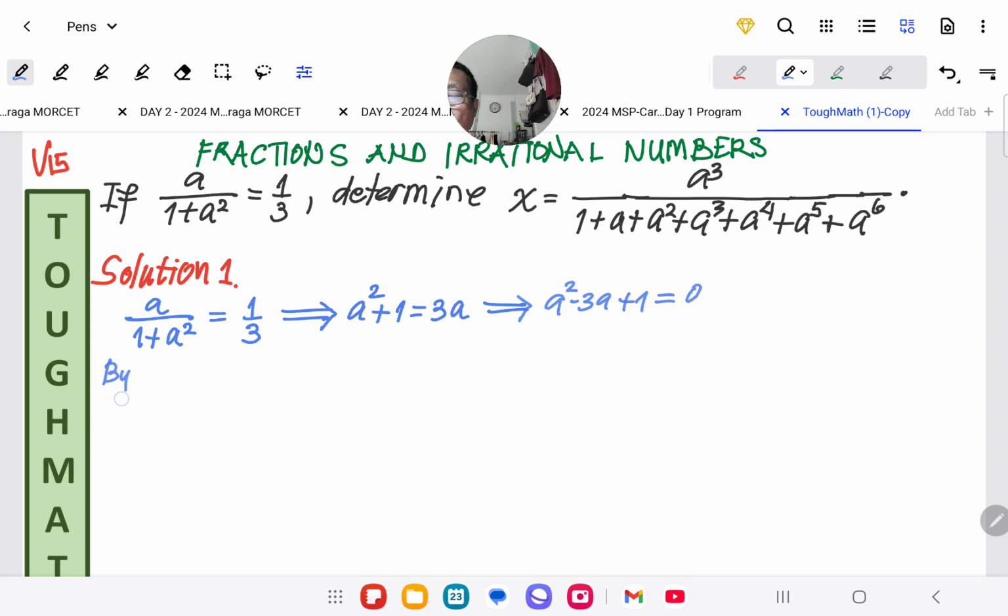And by the quadratic formula, we have a is equal to 3 plus or minus the square root of 5 over 2.